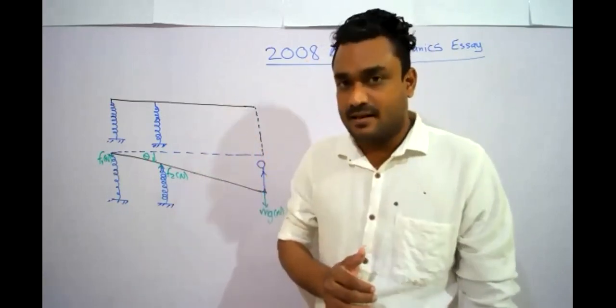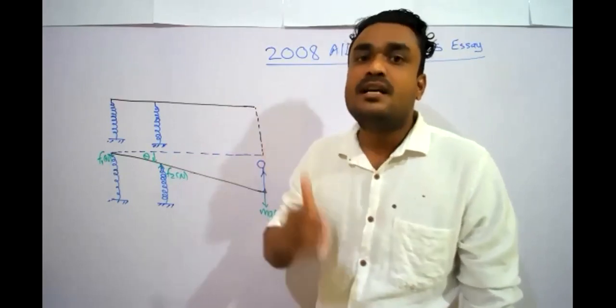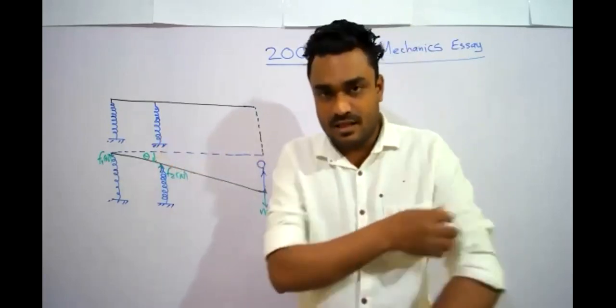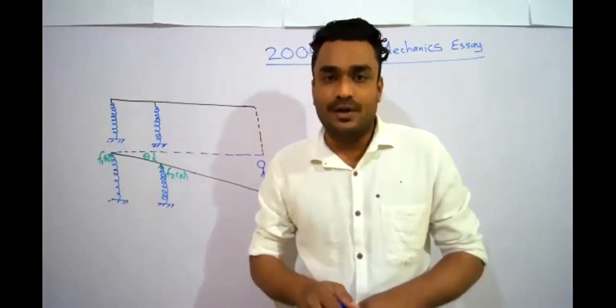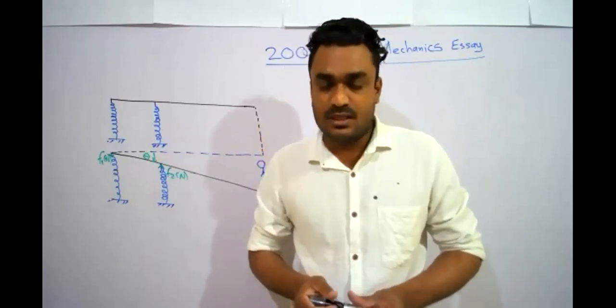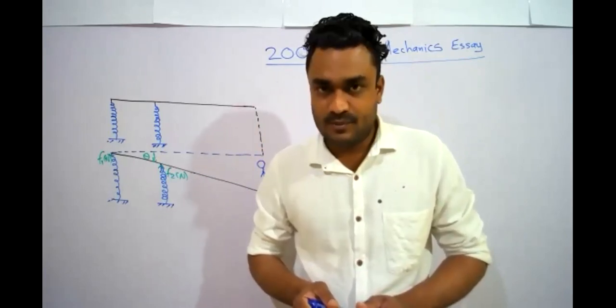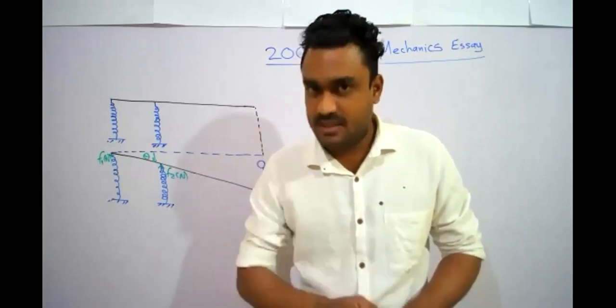Close the bracket. Then it gives a vertically downward force to the board. Full stop. Next line, next point.